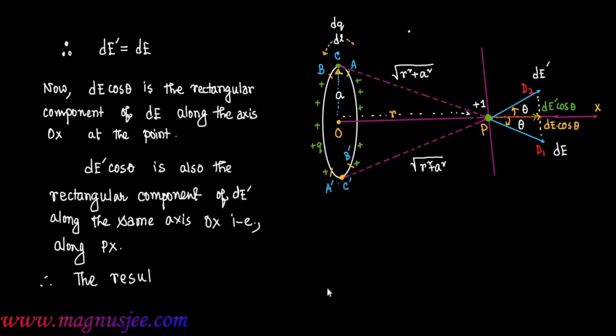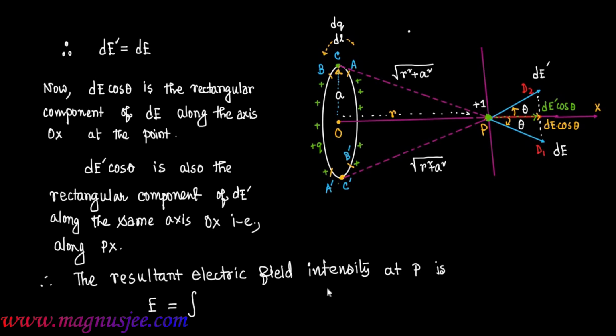Therefore, the resultant electric field intensity at the point P on the axis of the ring is E equal integration dE cos theta.